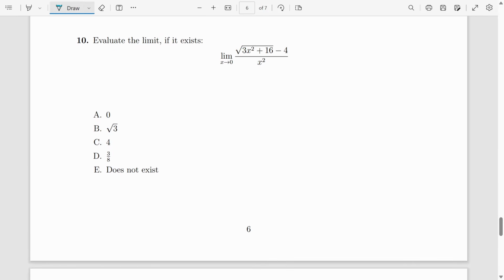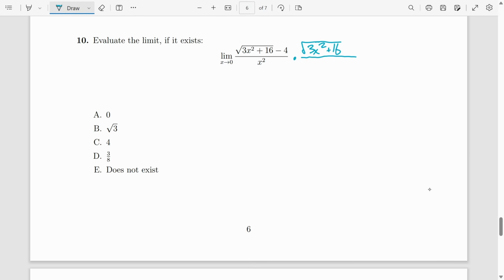But all right, so limit as x approaches 0 of all this. So here's something that I actually completely forgot about when doing, I believe, spring 22 and fall 21's exams: when you have limits that take the form of this, when you have a square root minus 4 or a square root plus 2 or plus 3 or whatever, that is a telltale sign, a red flag that you can do this one weird thing where you multiply both sides by this weird reciprocal thing.